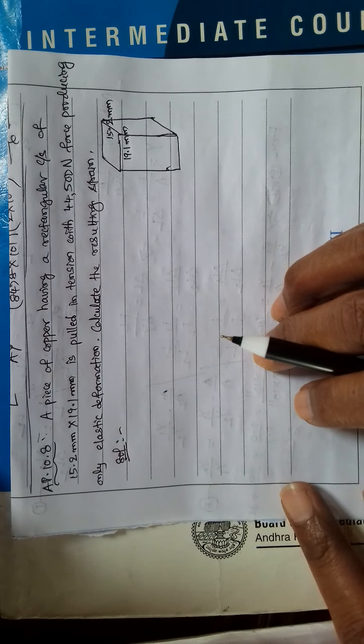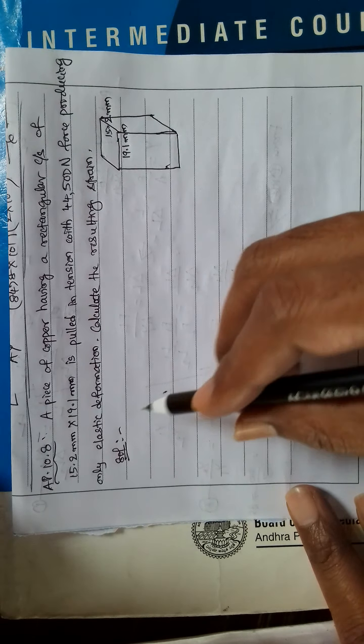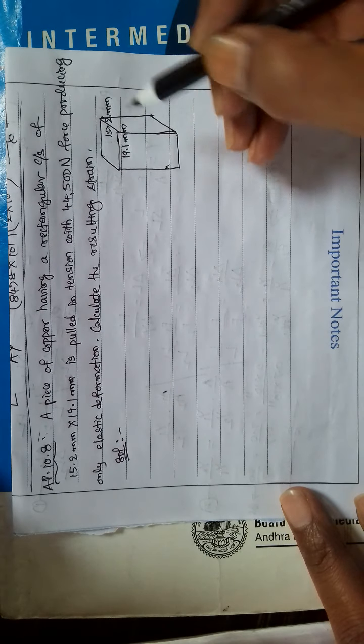A piece of copper having a rectangular cross section of given dimensions, so that we can calculate the cross sectional area.